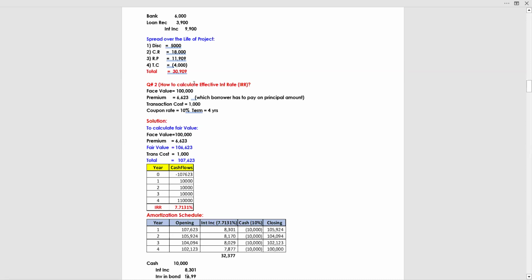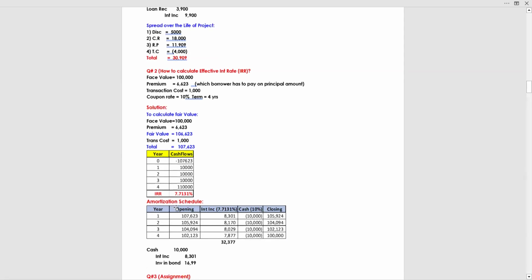Because this is if no IRR or effective interest rate is calculated. So we took the premium in the start, based on which we identify our IRR. If there is no IRR, then how will we identify the income for the shareholders or investors?